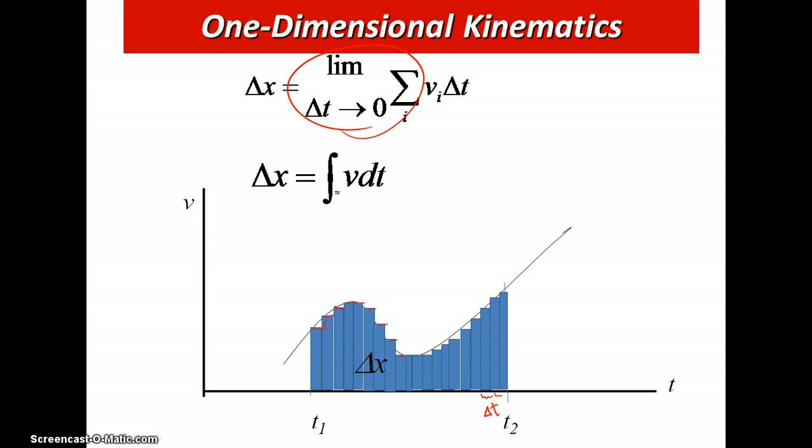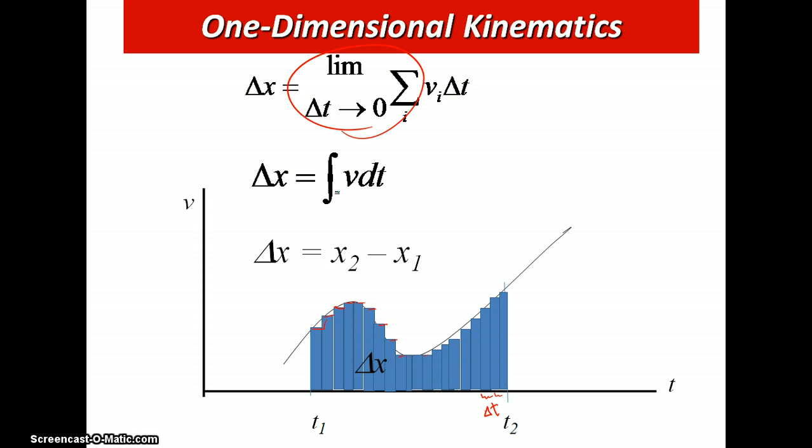The important point once again is that you will learn how to do the calculus. No question about that, and it's not very difficult either. But the important point here is that the area under this graph is not the position, but rather it is delta x, the displacement.